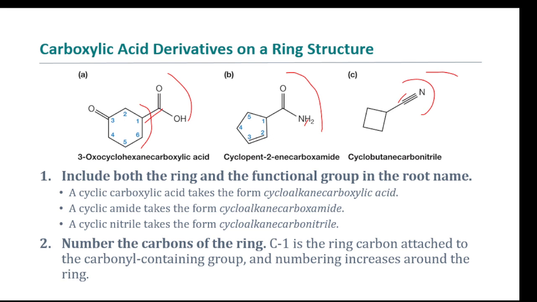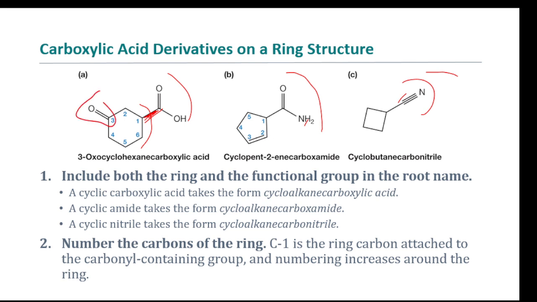You can think of it as very similar to the naming when it's the prefixes as well. Okay, so we're going to go ahead and number the carbons on the ring. The numbering will start where this group attaches to the ring as 1. We'll then minimize the numbers for any other functional groups as part of that name. So let's go ahead and look at the exact examples here.